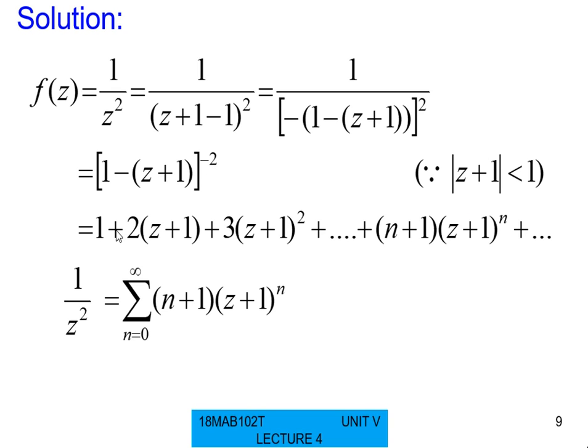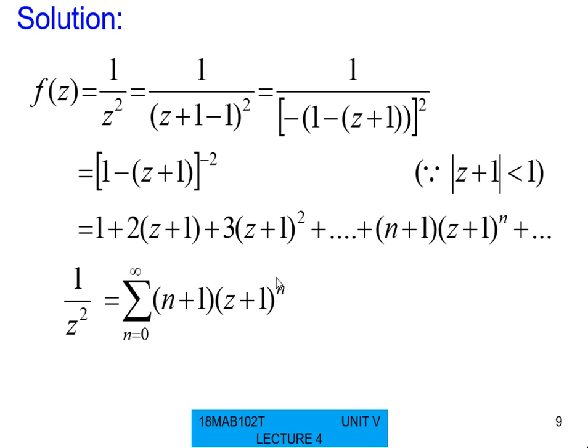So everything is positive. So 1 plus 2 times z plus 1 plus 3 times z plus 1 whole square plus etc. So generally, sigma n equal to 0 to infinity, n plus 1 into z plus 1 to the power n, because the region of convergence is mod z plus 1. So we get this in powers of z plus 1.